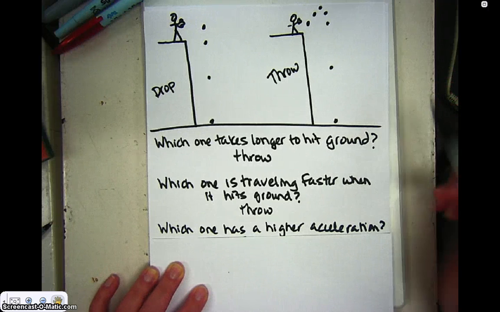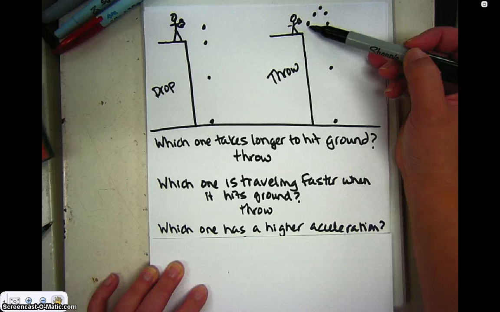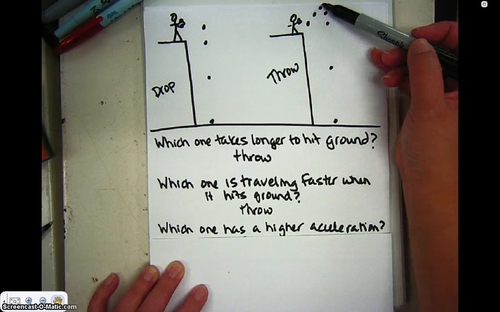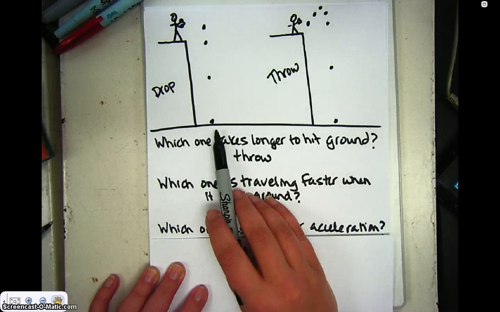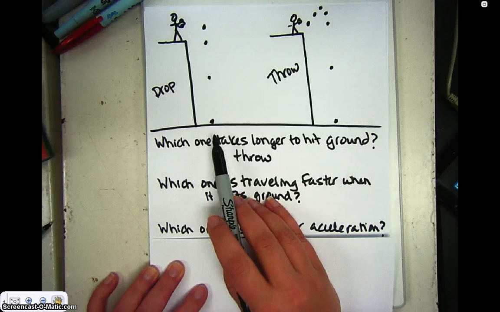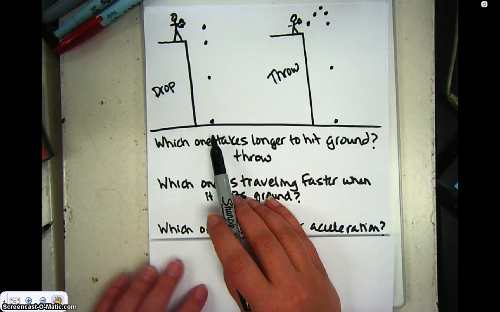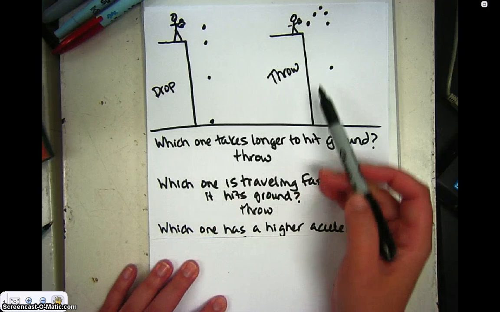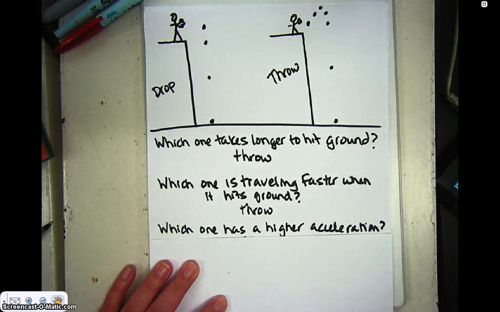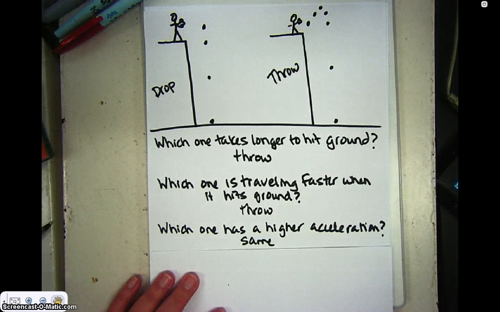As it's traveling up, gravity slows it down until it stops, and then gravity speeds it back up. So in both instances, we have gravity being the cause of the acceleration. And gravity does not change whether you throw something up, down, right, left, any direction. So in this case, we would say that the acceleration should be exactly the same.